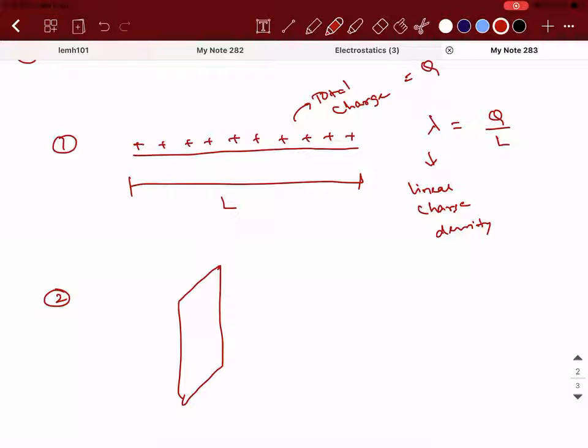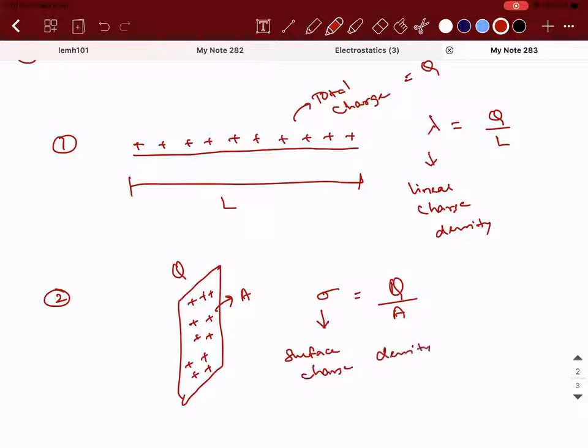If the charge is distributed over an area, then you define a parameter called sigma, which is Q divided by A. It is the surface charge density.